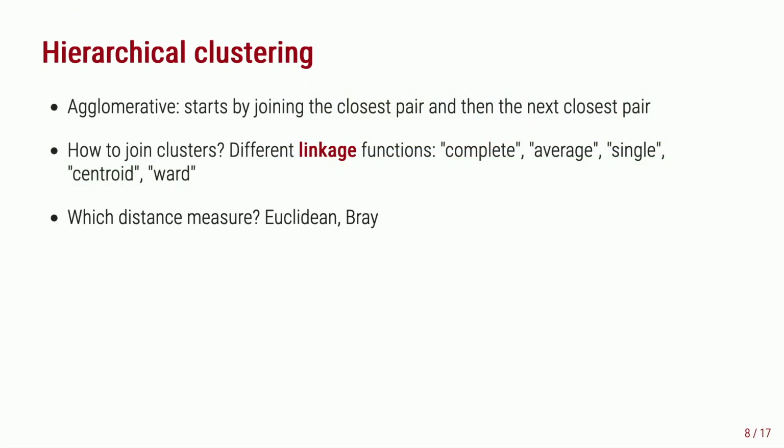And of course, which distance measure? We use Euclidean or presence-absence distances. I have a question. How can we decide which linkage function is better for our case of study? There are a posteriori ways to see how the groups were, but currently, I will say something that I shouldn't.